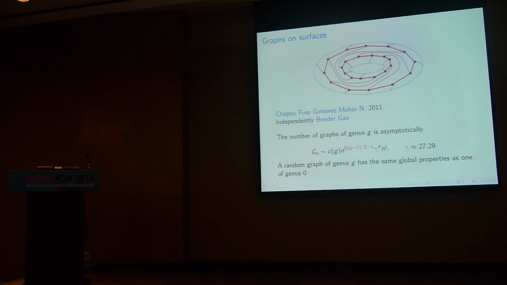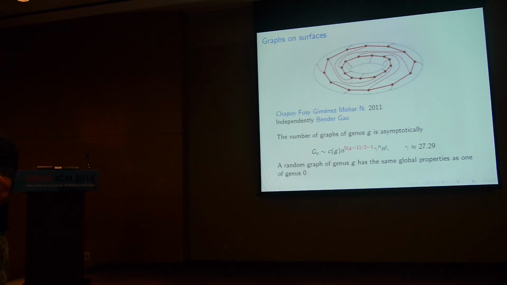This was known for maps, and essentially what we did was take the starting point on the enumeration of maps on surfaces and work it out. I mean, quite technical. And the important thing to me is that we also were able to analyze random graphs of genus G, and qualitatively there is no difference. The distribution of the number of edges, the number of components, the largest block, the largest component is exactly the same.